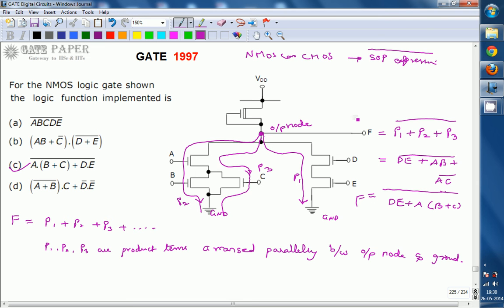Identify the branches, see how many transistors are in each branch and what their inputs are, and multiply those inputs. That gives the product for that branch. So P1 is DE, P2 is AB, P3 is AC. A can be taken common, so F is equal to the complement of DE plus A into B plus C. That is the answer, which is option C. Okay, thank you.